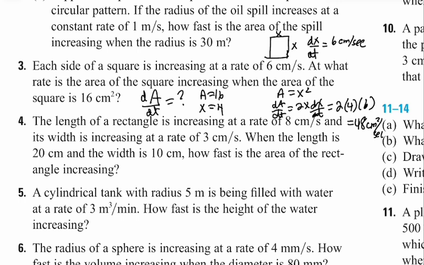It says a cylindrical tank with radius 5 is being filled. So we're going to draw a tank, and we're going to put on there that the radius is 5. Do you notice how the units here are cubed? That tells us that we need to know something about volume. Now, the volume of a cylinder is pi r squared h.